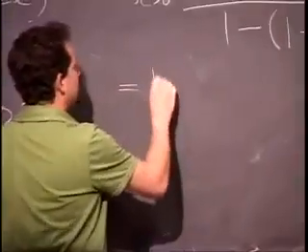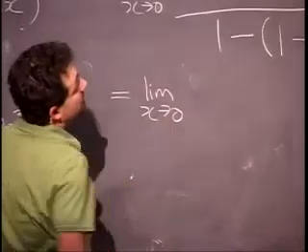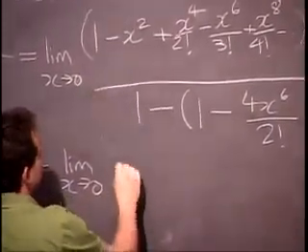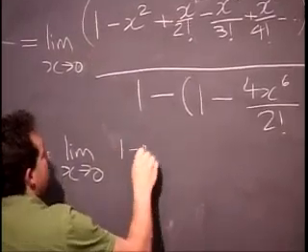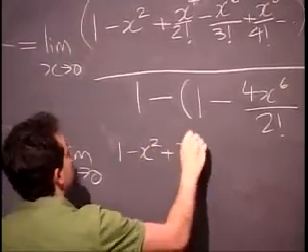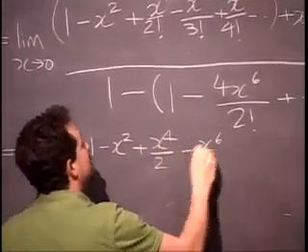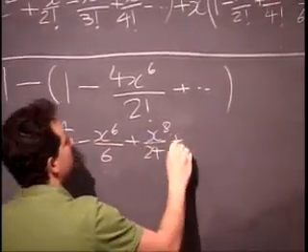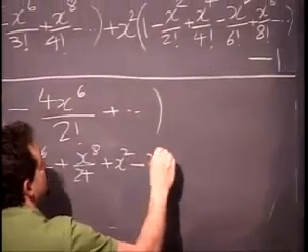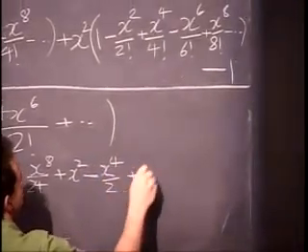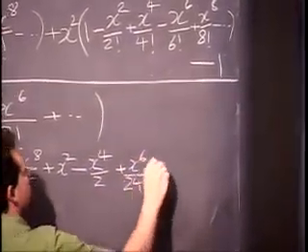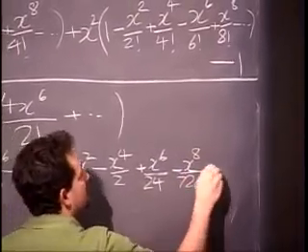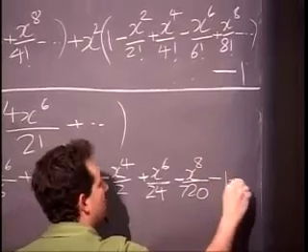In any case, what do I get? Well, if I multiply some stuff out, let's just write it out. 1 minus x squared plus x to the 4th over 2 minus x to the 6th over 6 plus x to the 8th over 24, plus x squared minus x to the 4th over 2 plus x to the 6th over 24 minus x to the 8th over 720, minus 1.